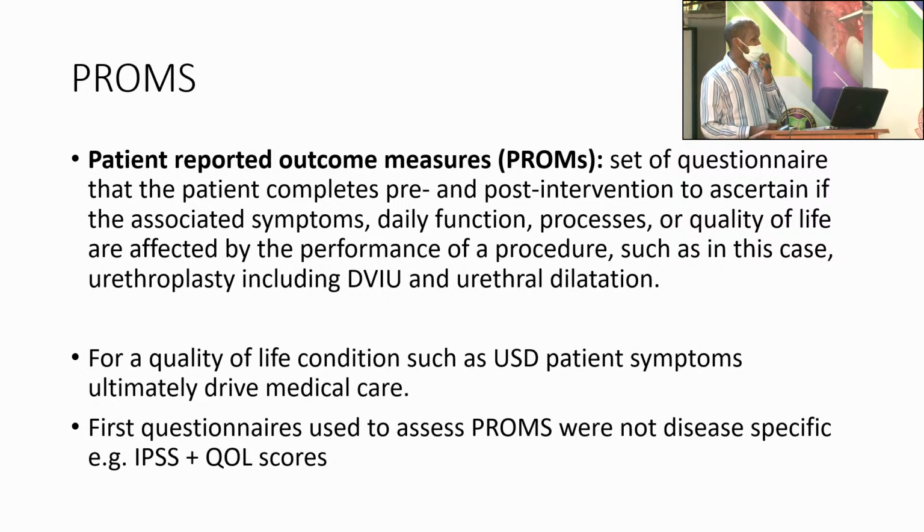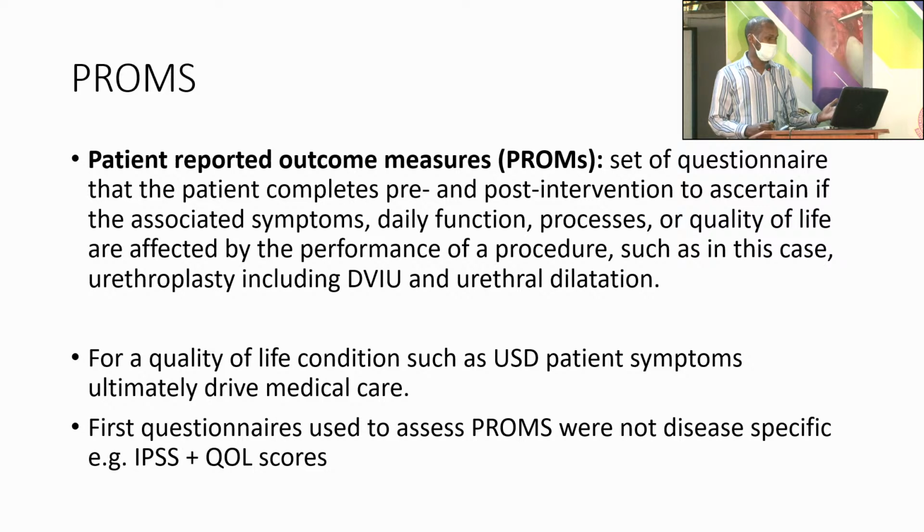And therefore, that introduces what we call PROMs, patient-reported outcome measures. These are a set of questionnaires that we give the patients preoperatively and postoperatively to ascertain if the intervention that we did actually affected their daily function, process, or quality of life.